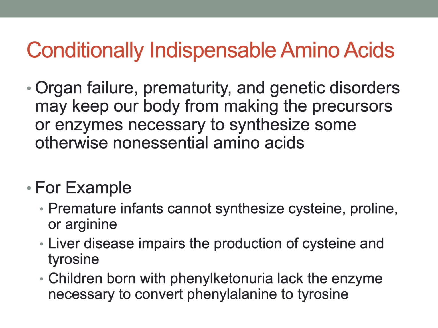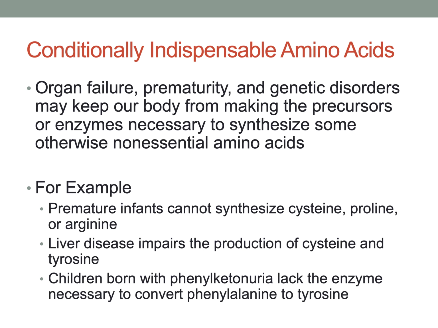Now, what causes these amino acids to become conditionally essential are things like organ failure, prematurity, so neonates have conditionally essential amino acids, and genetic disorders that prevent the conversion of one amino acid into one of our conditionally essential amino acids.